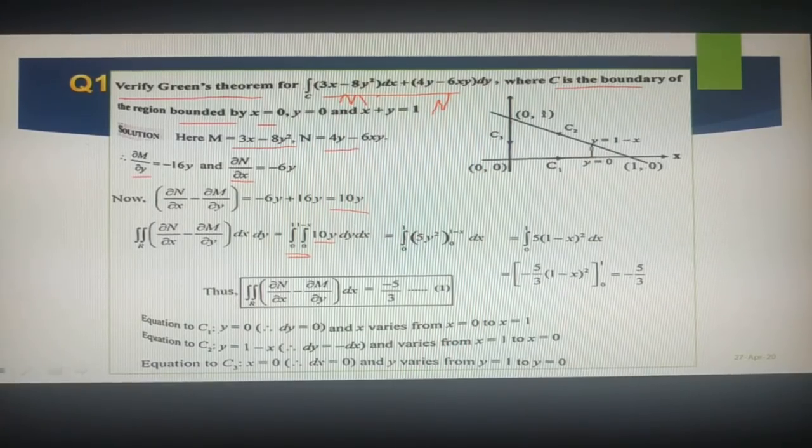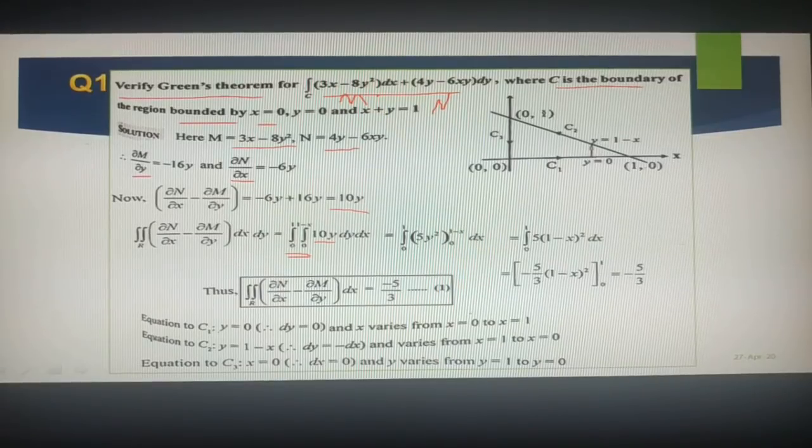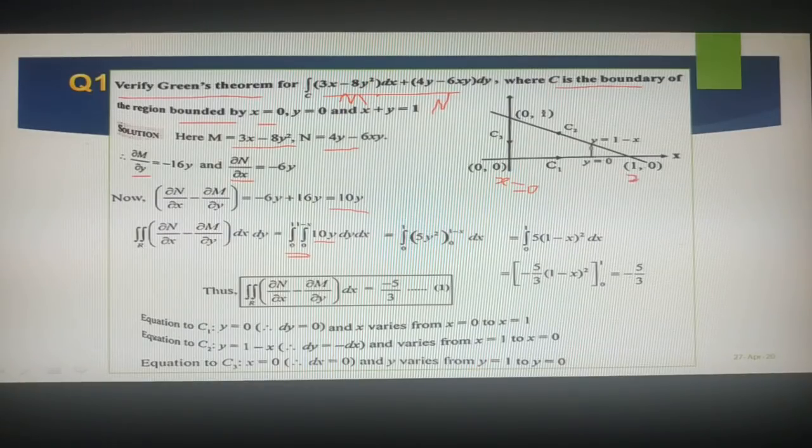Have you remembered how we evaluated the double integration? We need the limits. Suppose this is the line x equals 0, the y axis, and this is the line x equals 1. In between x equals 0 and x equals 1, y is entering here.